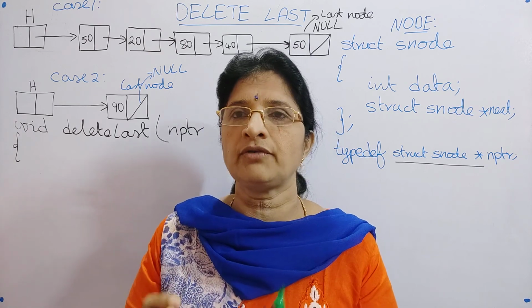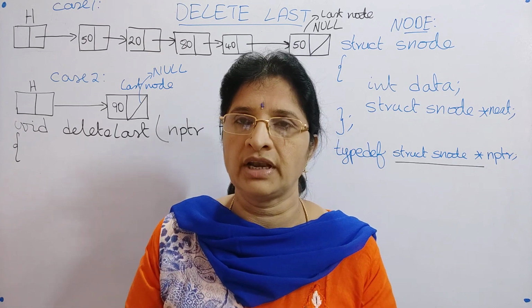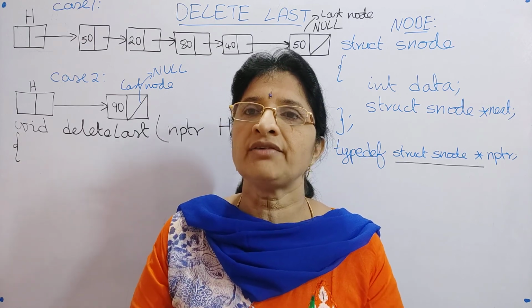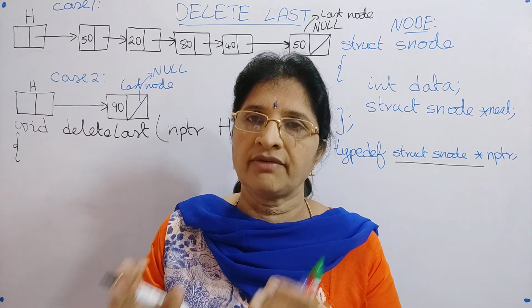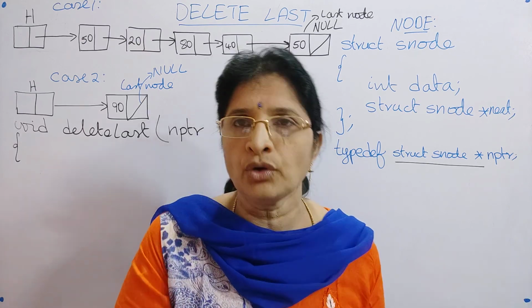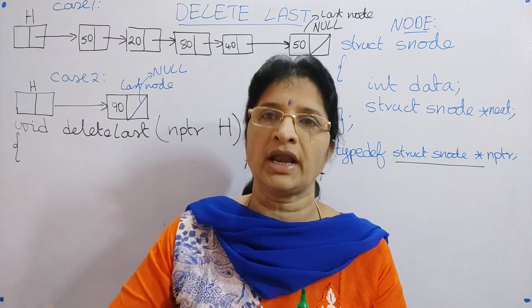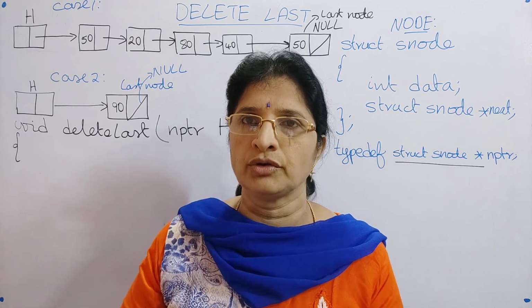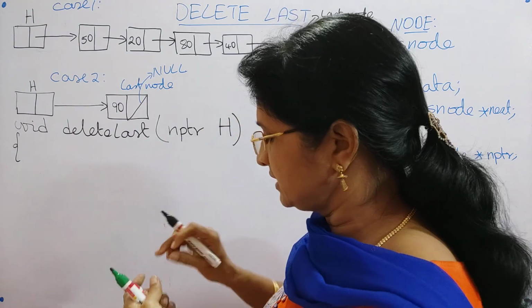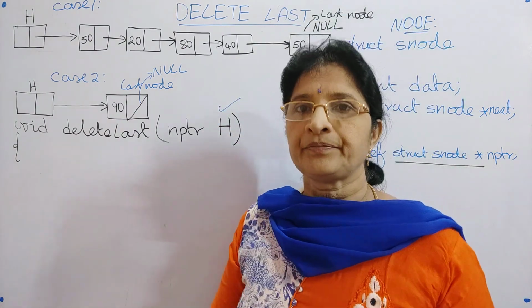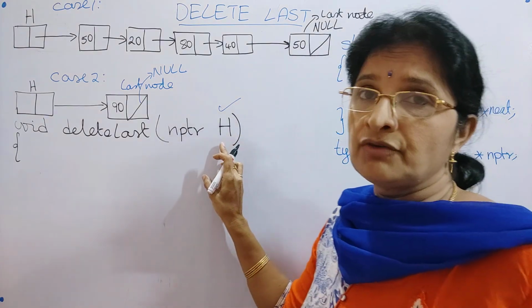Whenever you are working with a linked list, you should not change the value of h. The value of h can be assigned to any other temporary variable, and on that temporary variable you can do whatever modifications you want. But you should not change this value of h, because this contains the first node address.